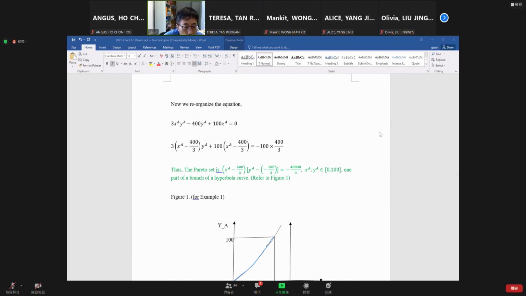And at each point, for example at this point, we give this much of X to Alice, this much of Y to Alice. At the same time, this much of X to Bob, this much of Y to Bob. So this is one such good solution. So therefore, this is a curve.